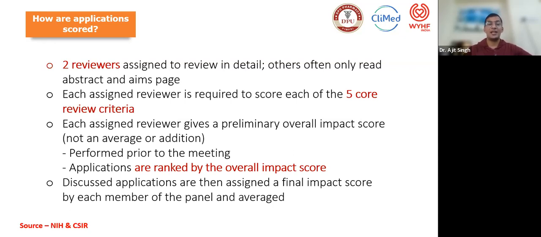Then the overall impact score will go to the committee, and based on the rank, they have a cutoff.